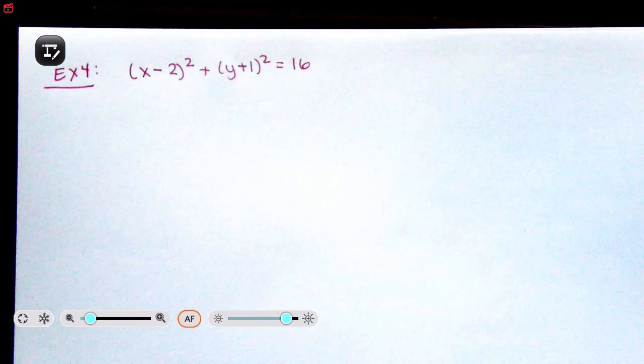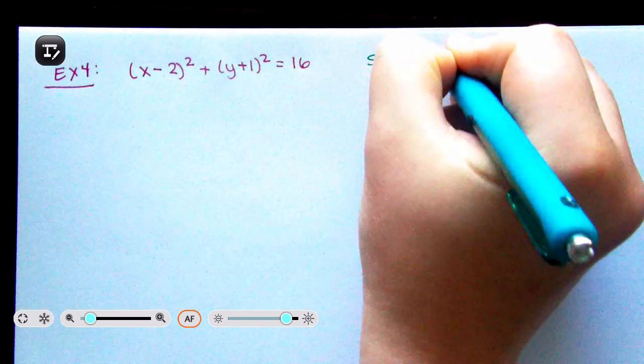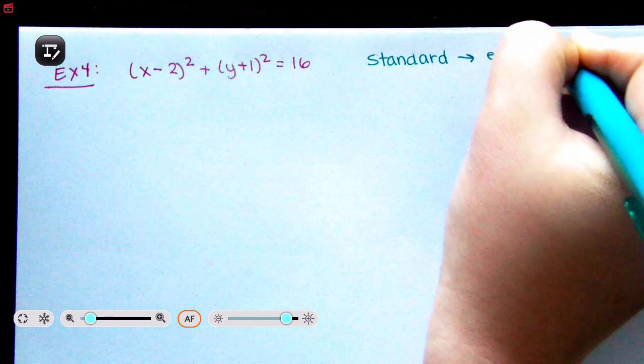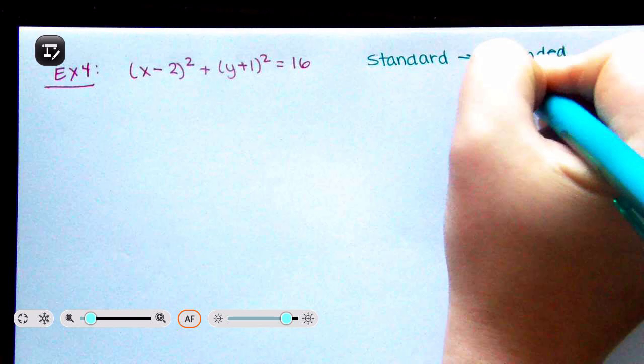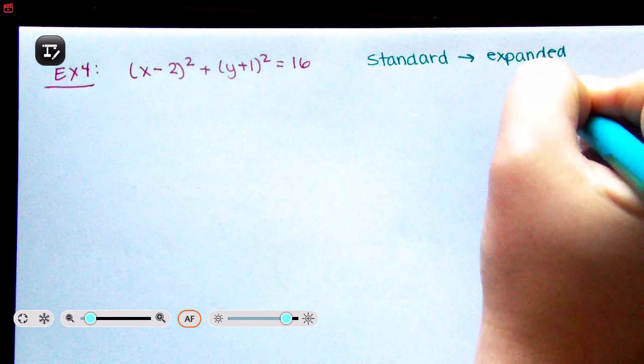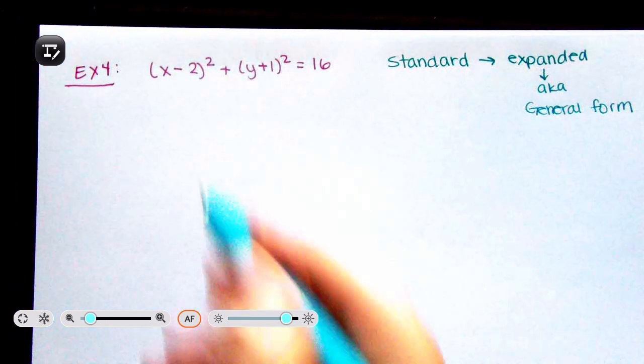So how do we go from standard to expanded? Again, expanded is also your general form. We're literally going to expand.